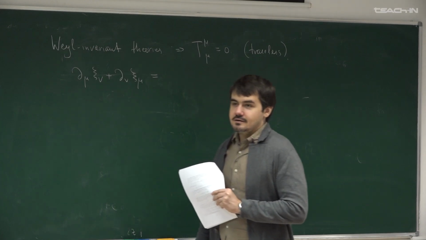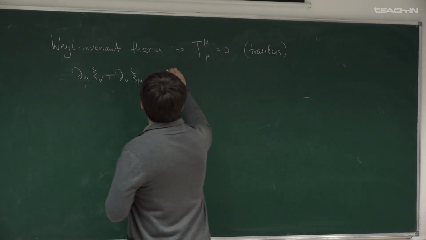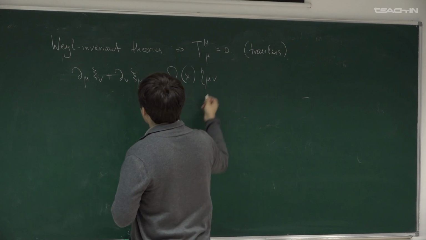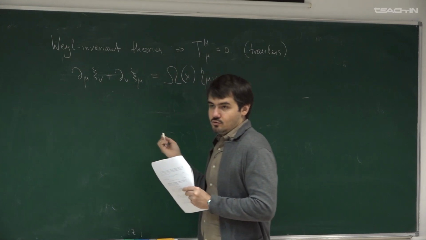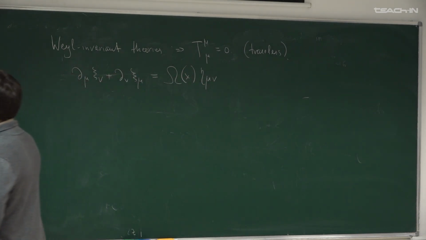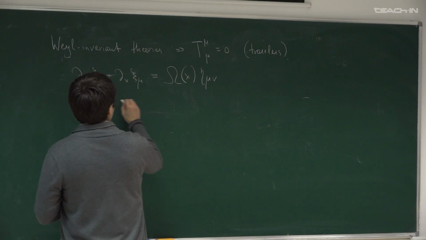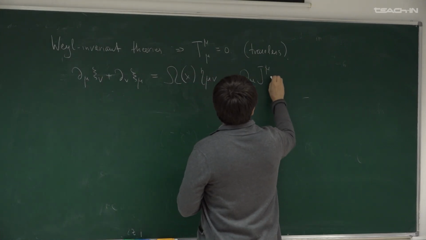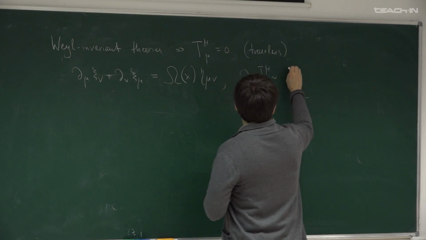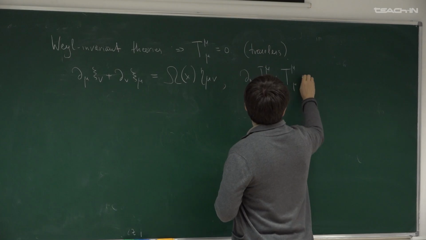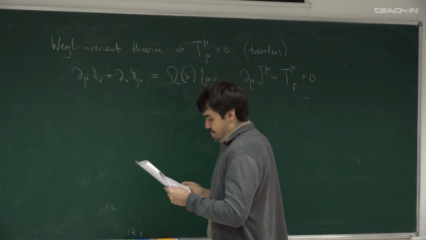So there can be some function times the metric; we are in flat space, so just eta mu nu. So you see that the argument is that d mu J mu is proportional to, in this case, T mu mu. So this is 0.